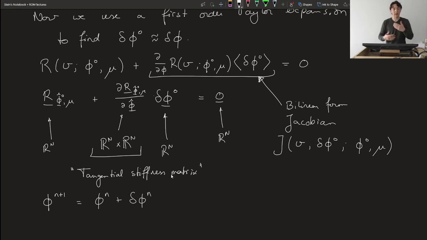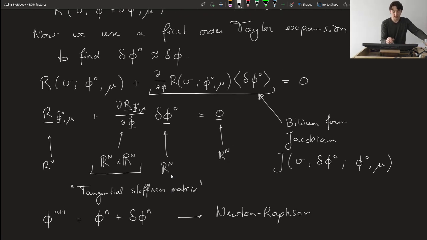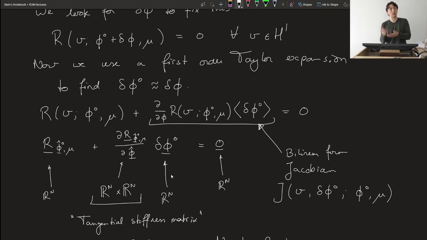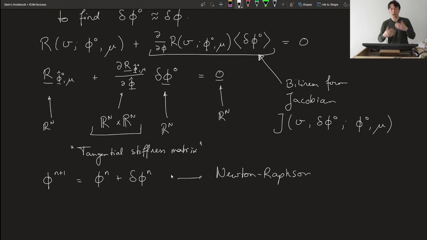And this is something that we're going to iterate through. And this is precisely the Newton-Raphson algorithm. Because if this increment was the exact increment that would satisfy this equation, then we would be done in one step. Well, clearly we're doing an approximation here with the first order Taylor expansion, so that we have a new approximation. We're going to do a new step, etc.